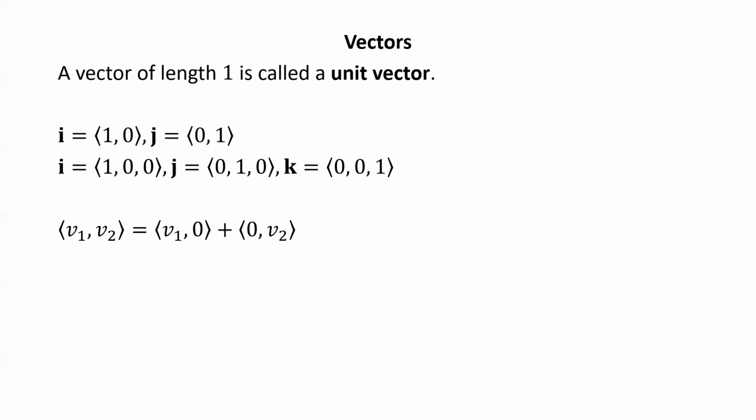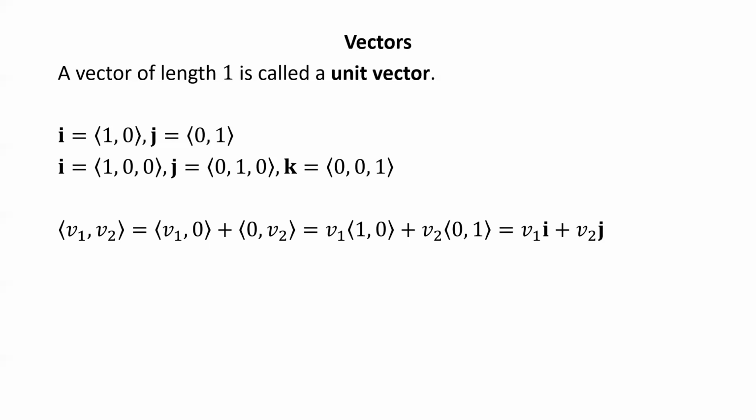Now, using the definition of scalar multiplication, we could rewrite v1, 0 as v1 times the vector 1, 0, and 0, v2 as v2 times the vector 0, 1. Now, 1, 0 is what we named i, and 0, 1 is what we named j.